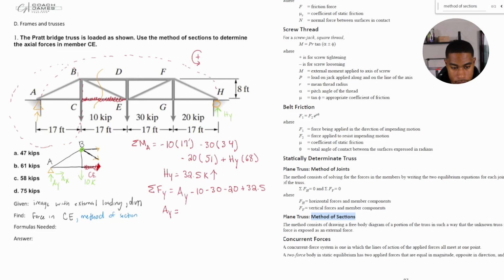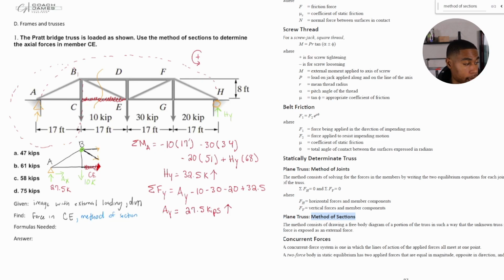Once I plug it in, AY is 27.5 kips, upwards. All right, so now we know what our AY is here. So you see me erasing that variable, and now we know that it is 27.5 kips.